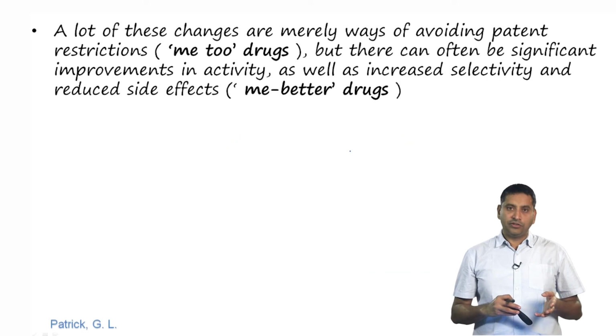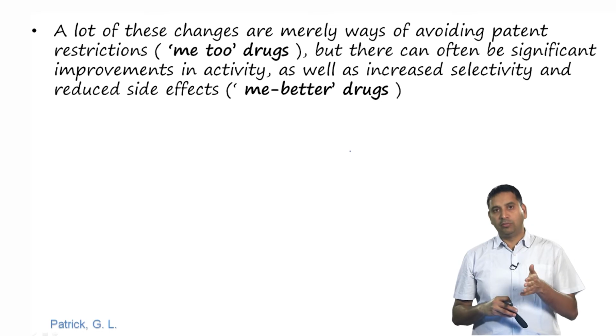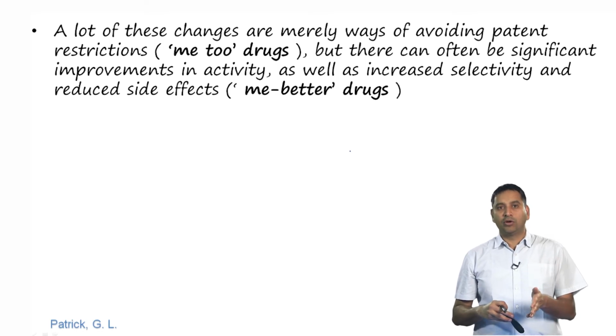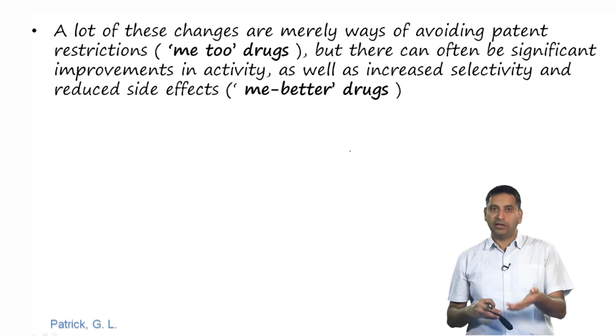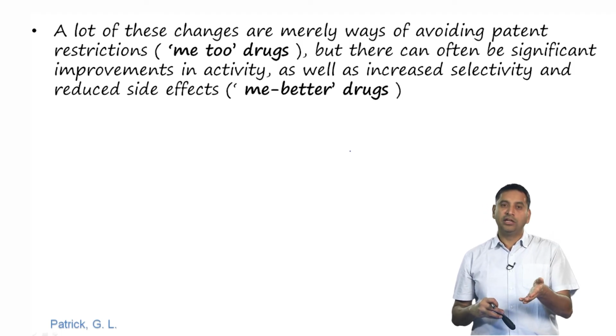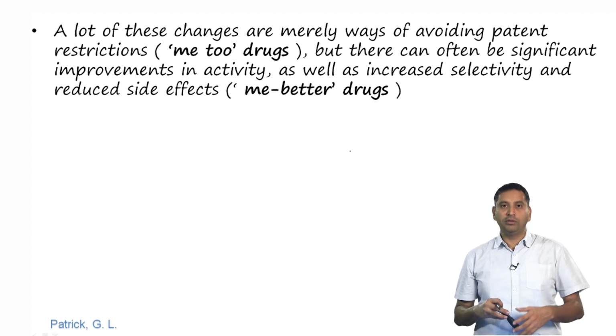So a lot of these changes have been carried out in order to avoid patent restrictions. So keep in mind that patent protection is available for most new drugs, and in order for other companies to overcome this, they try to make significant changes to the ring or to a particular area of the molecule so that they will be able to avoid the patent restriction.